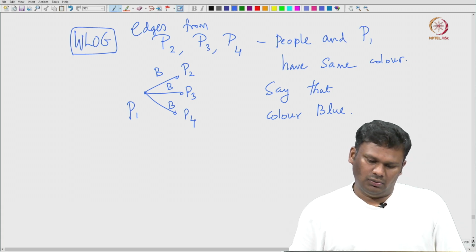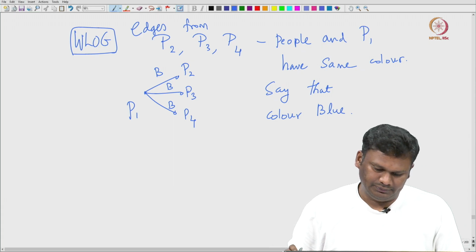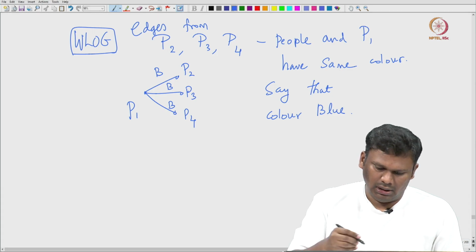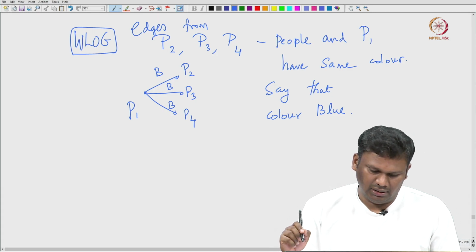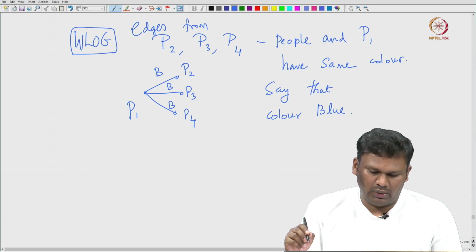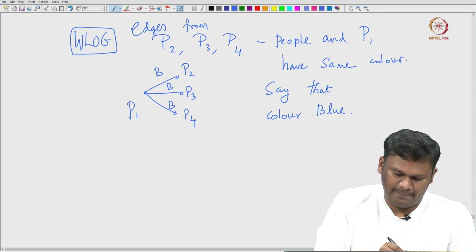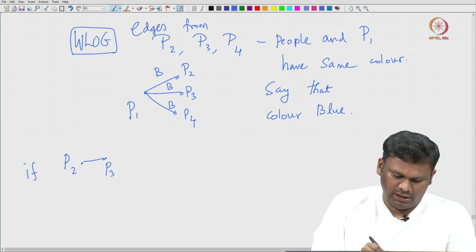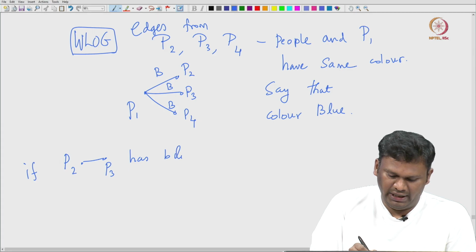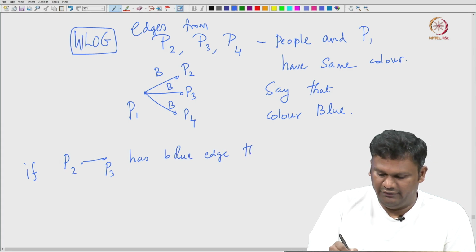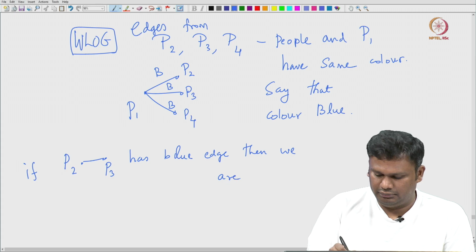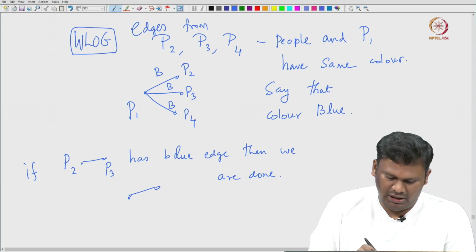Okay. So, now what we are going to do? We are going to just look at the edges between these two. Okay. If the edge between P2, P3 is blue, then we are done. Okay. Let us say P2, P3 if has blue edge, then we are done, because this is P1, P2 and P3.